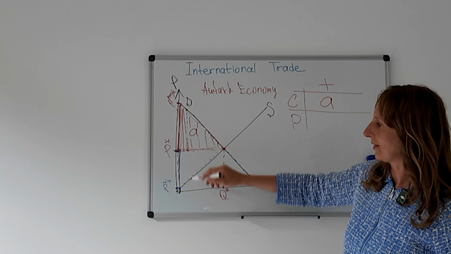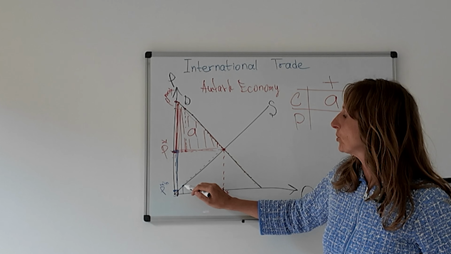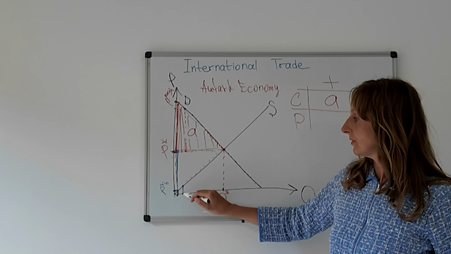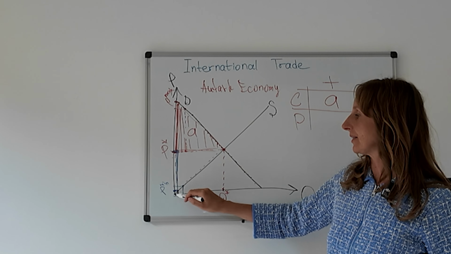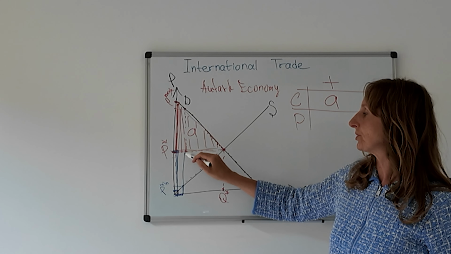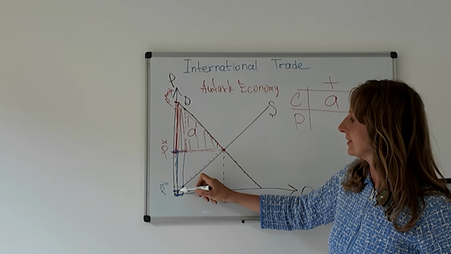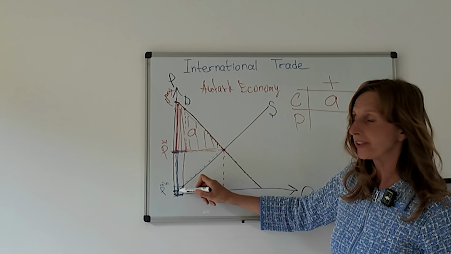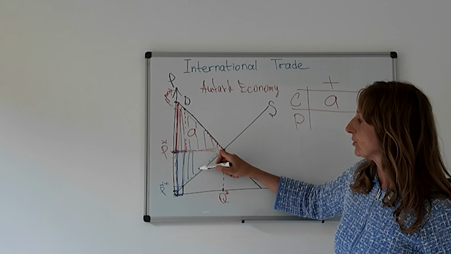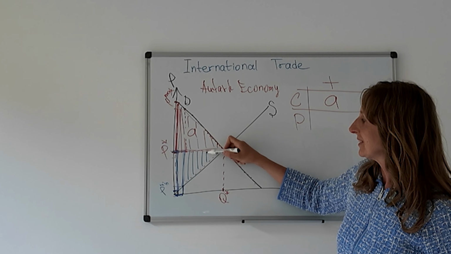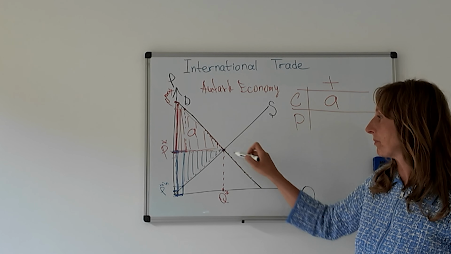We call it surplus. This producer was willing to produce and sell this amount of good at this price, but he sells this amount of good at the equilibrium price. So his surplus is not as big as the previous one's, but still it is quite big. And so on. Each next producer has surplus till the market equilibrium.